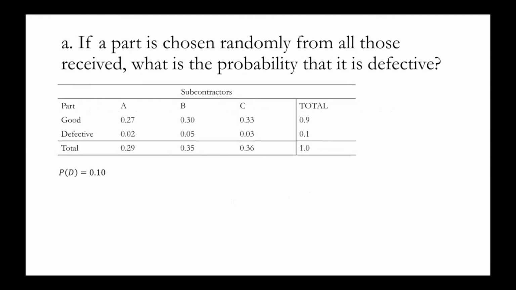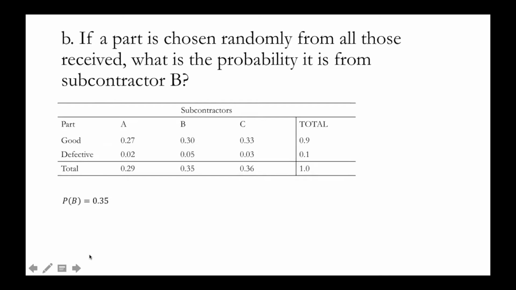If a part is chosen randomly from all of those received, what is the probability that it is defective? So here I summed up all the probabilities of having a good product or a defective product, and in total you have 100%, and so the probability of having a good product will be 90%, and the probability of having a defective product will be 10%.